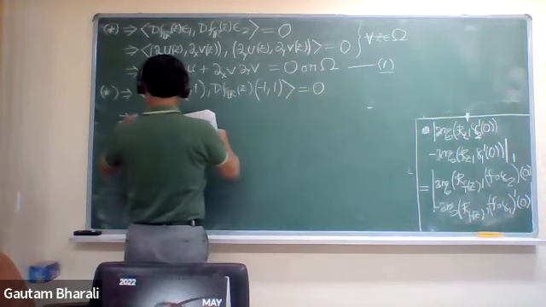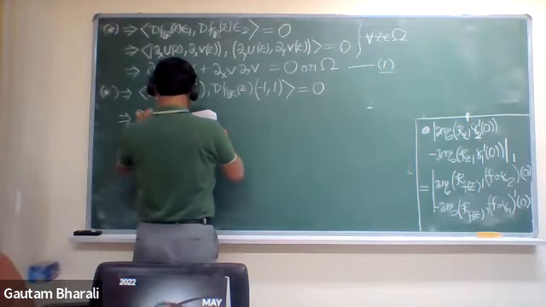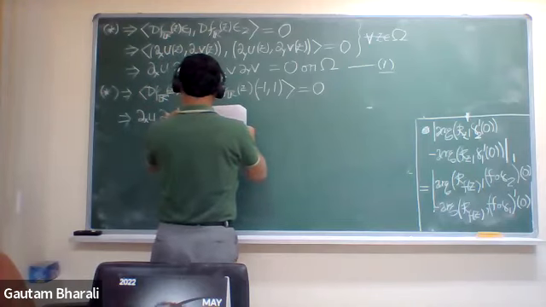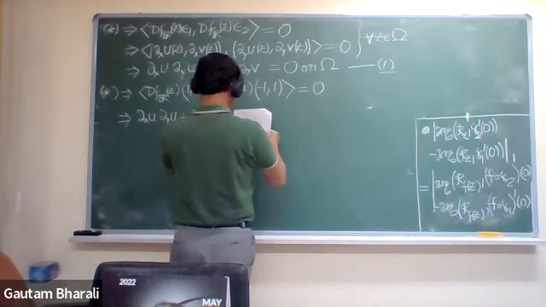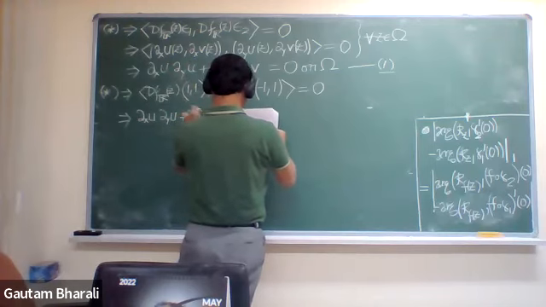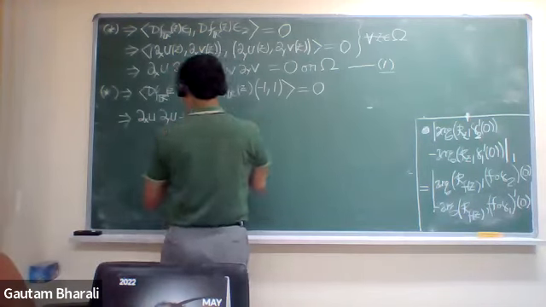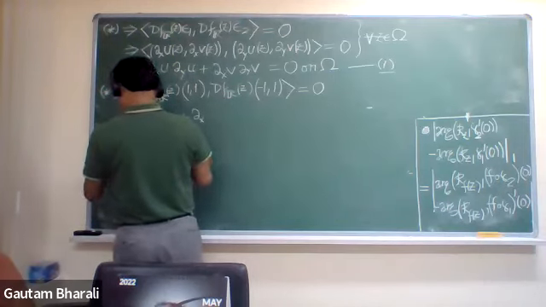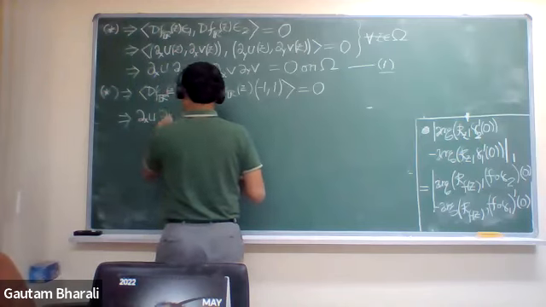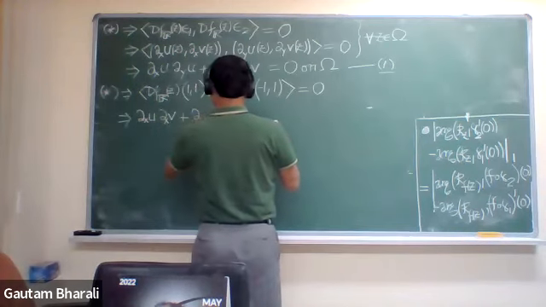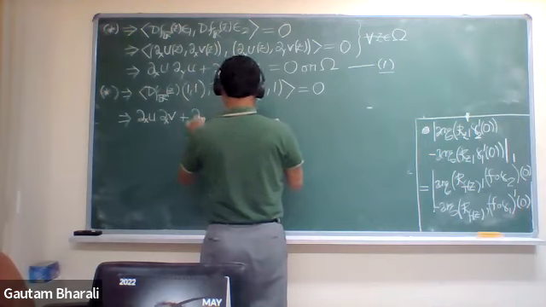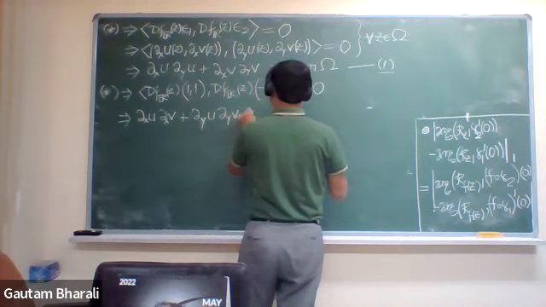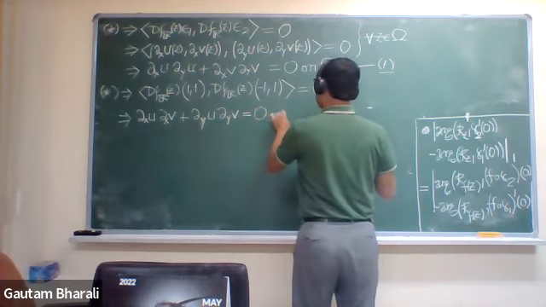And the final result is, in fact, del x u, del x v plus del y u, del y v is equal to 0 on omega.